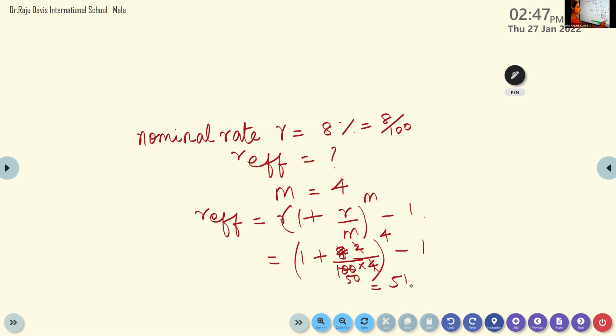So it is 51 by 50 whole raised to 4 minus 1. Calculate it and give the answer.